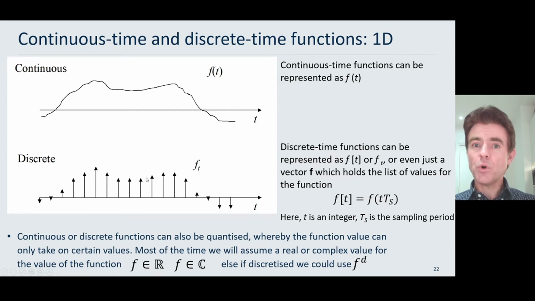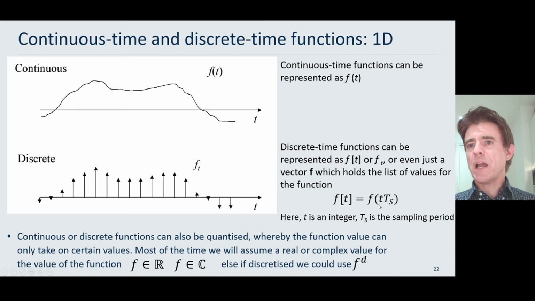And now to give away the fact that t is now a discrete integer variable, I'm either going to use a subscript t instead of the rounded brackets t, or, and this is the case that we'll use a lot in this module, I can use these square brackets, the square parentheses here, to reflect the fact that what's inside the brackets, time t, is now a discrete independent variable. And so that means here it would only take on integer values.